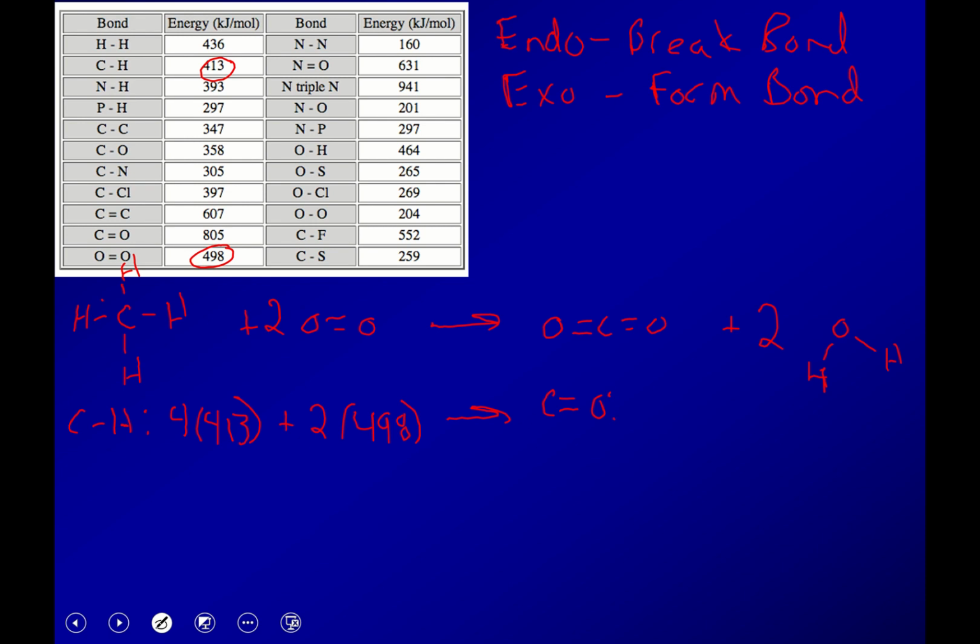We have 2 of those, at 805. Quite a bit of energy, and that makes sense, right? It's a double bond. And then we have 4 oxygen to hydrogen bonds, right? Because we have 2 water molecules. If we look at our table, that's 464.